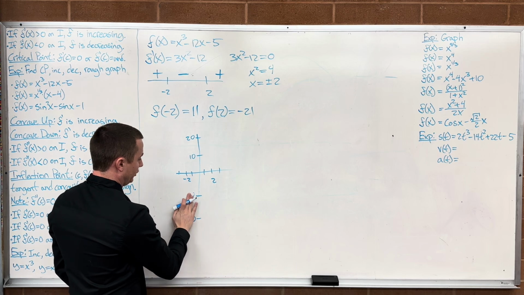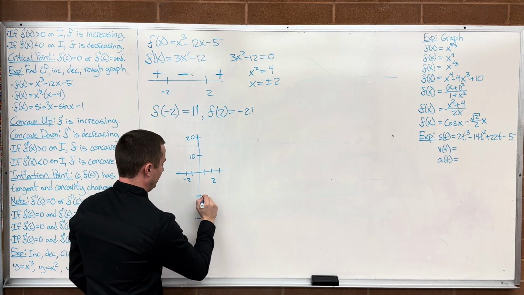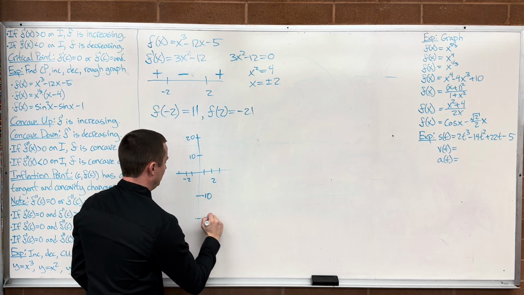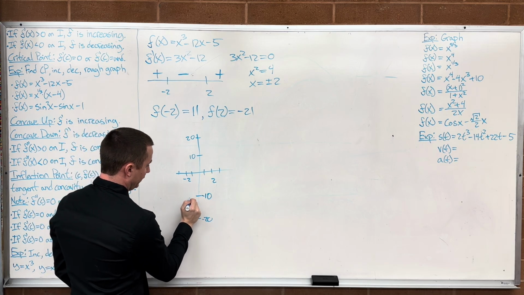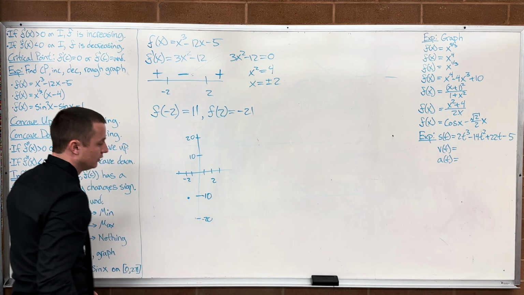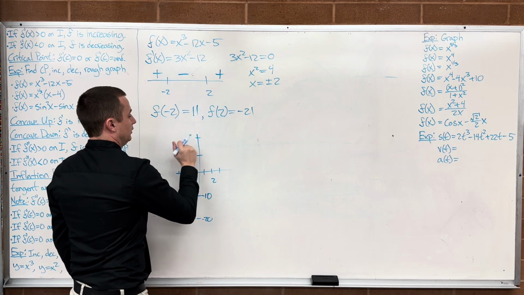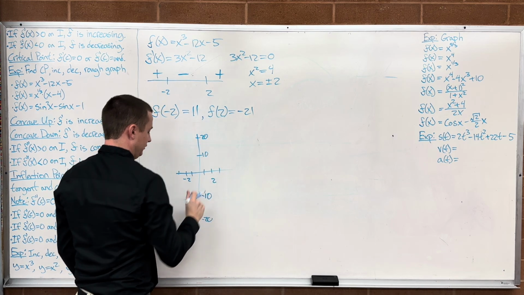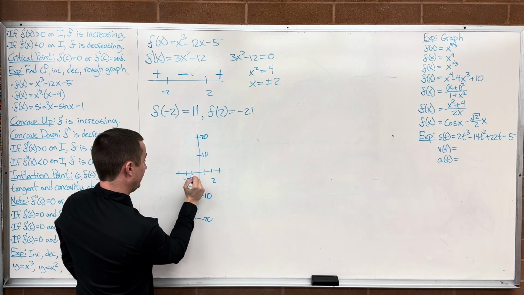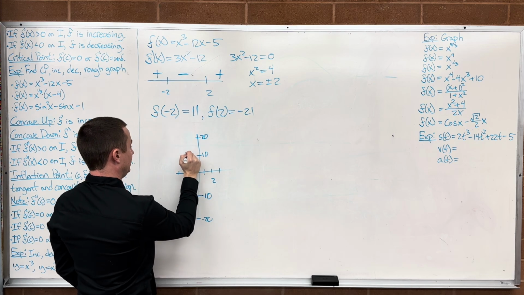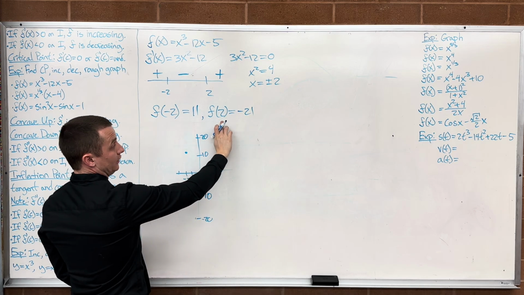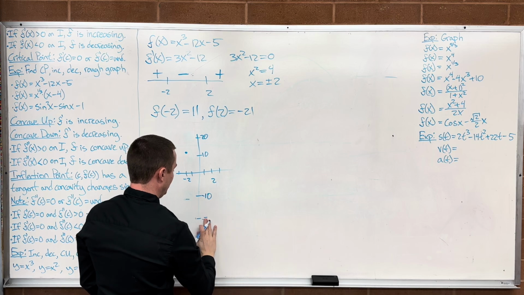Up there, because it's positive, positive 11. Then you have negative 21. So here at negative 2, we're up at 11. And then here at 2, we're down to minus 21.